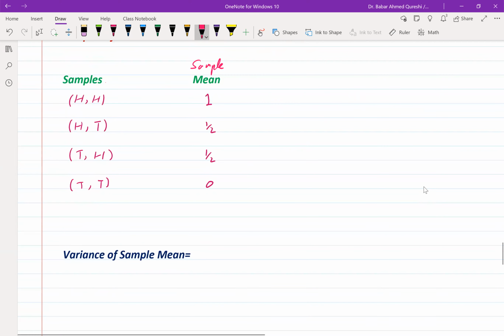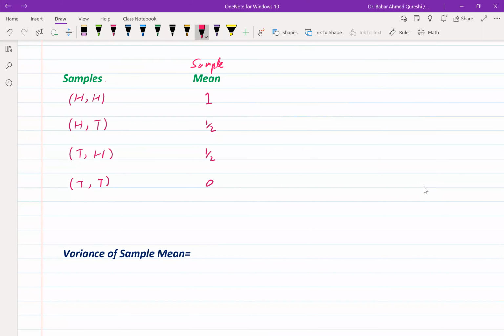So I can compute the variance of the sample mean. I can just do it by the first formula, which was that you add all of them. The first half is coming from the mean, because I know that the expectation value of the sample mean is going to be equal to the population mean, which in this case is half.